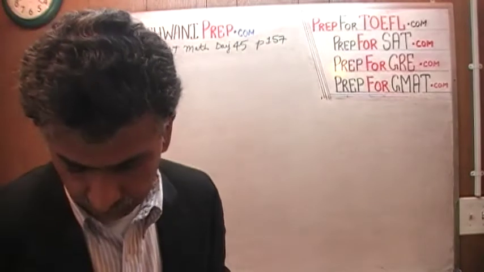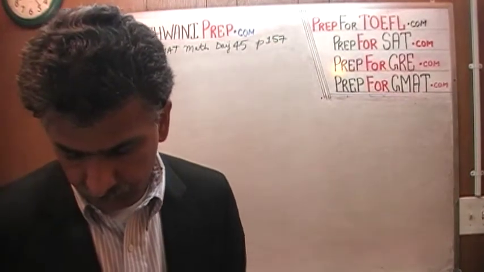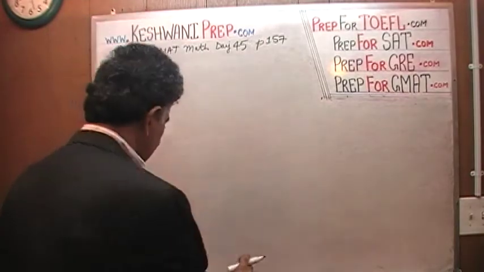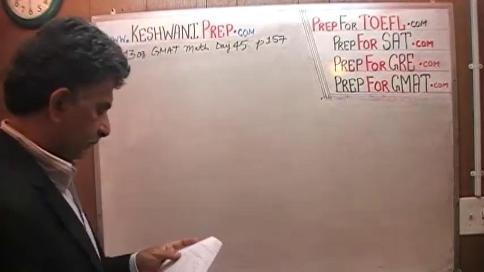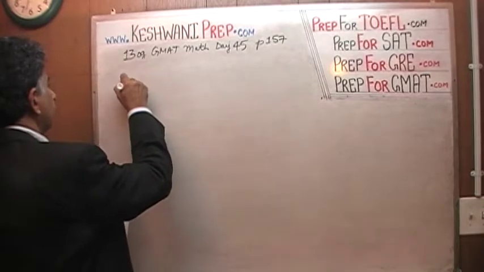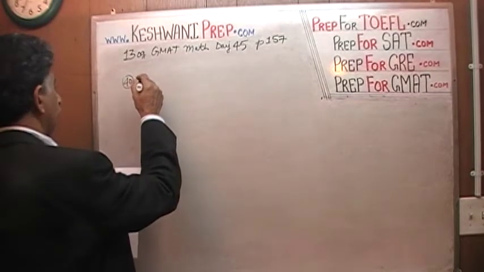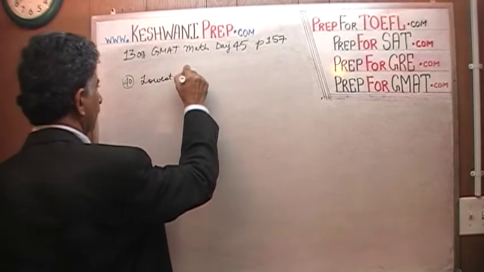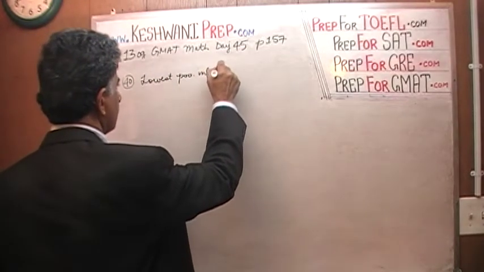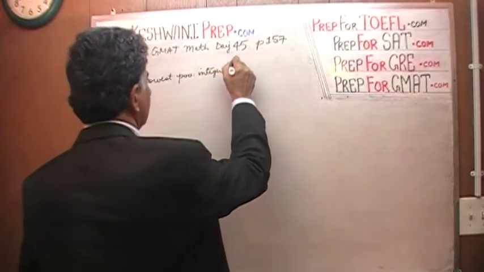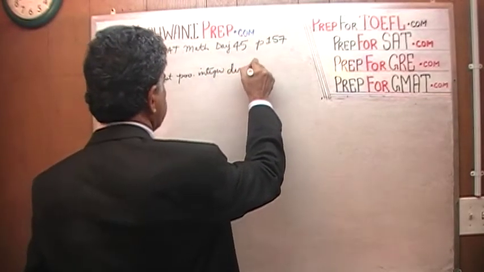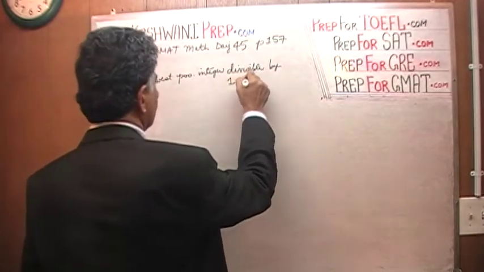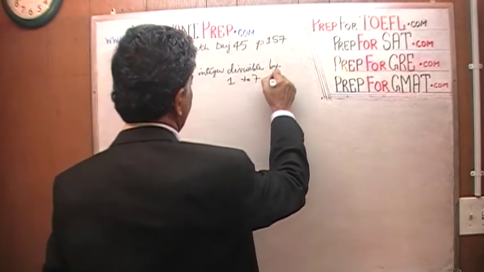It says, what is the lowest possible integer that is divisible by each of the integers 1 through 7? So we're looking for the lowest positive integer divisible by 1 to 7 inclusive.